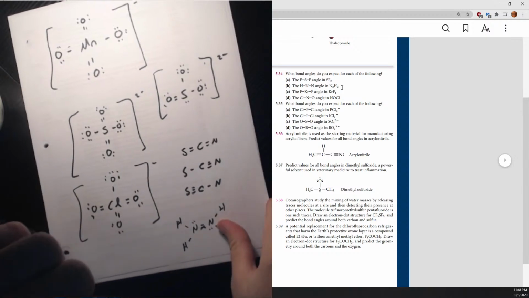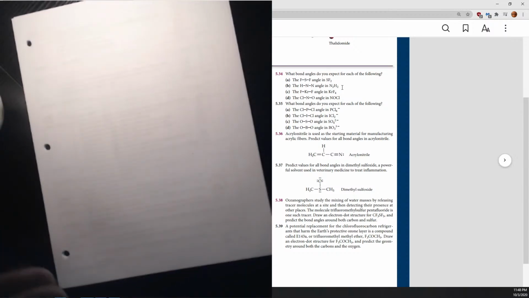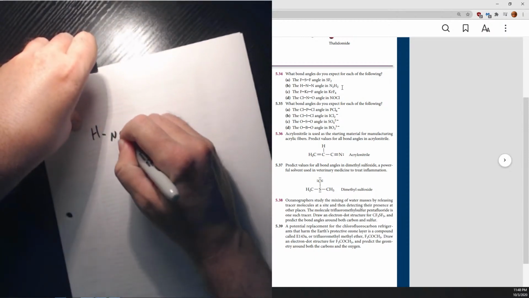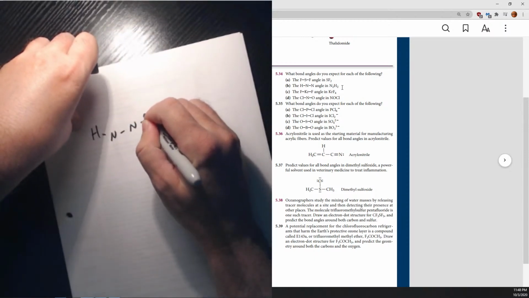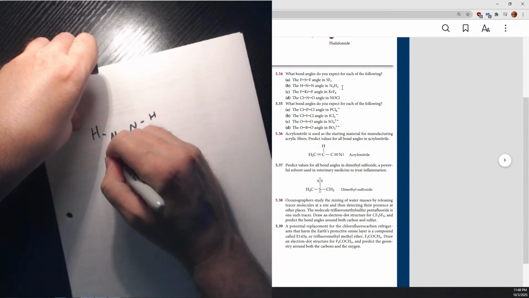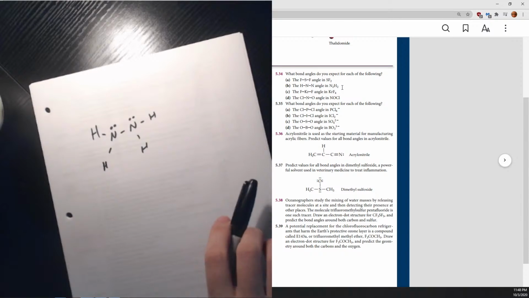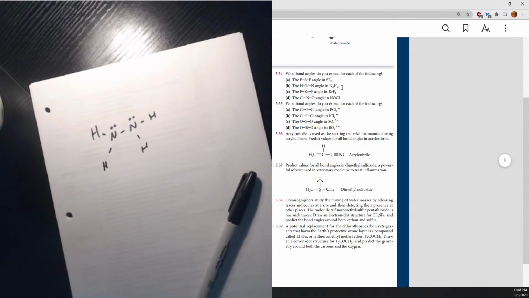So let me redraw that on a new page, because that's not clear. So each of our nitrogens is trigonal pyramidal. So our bond angles are all less than 109.5. So that's what the H and N bond angle is. It's also the H and H bond angle.